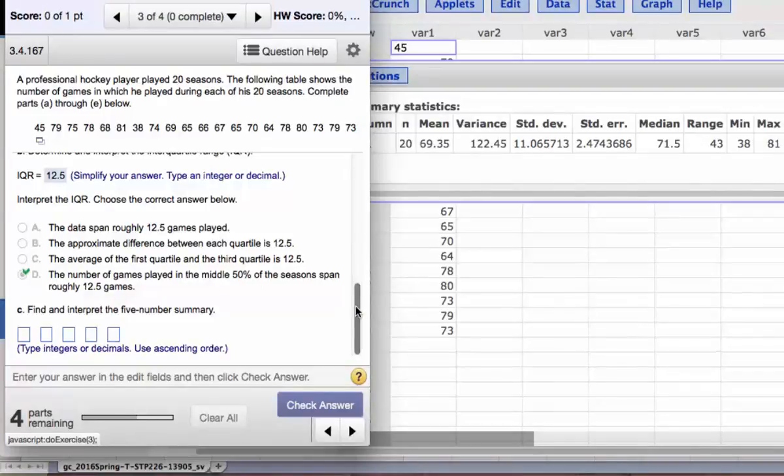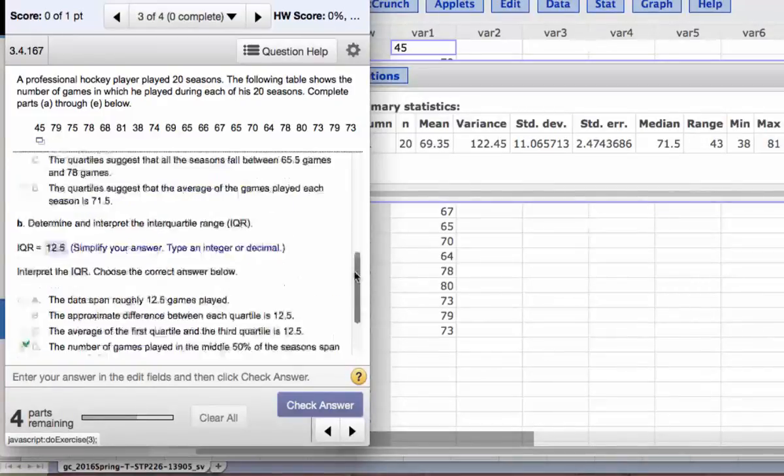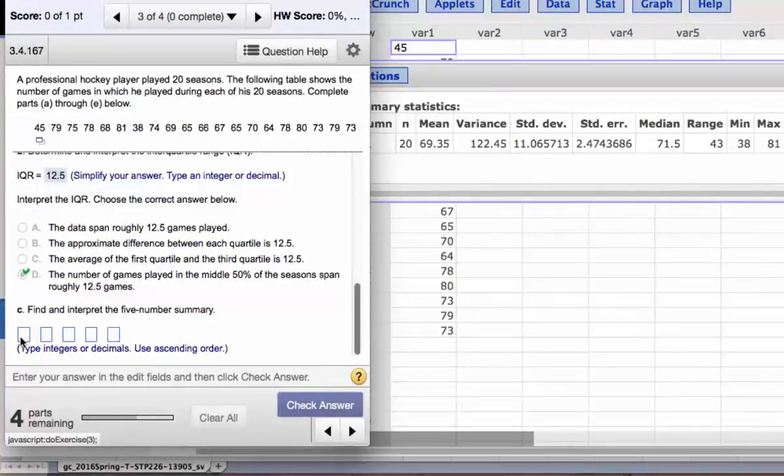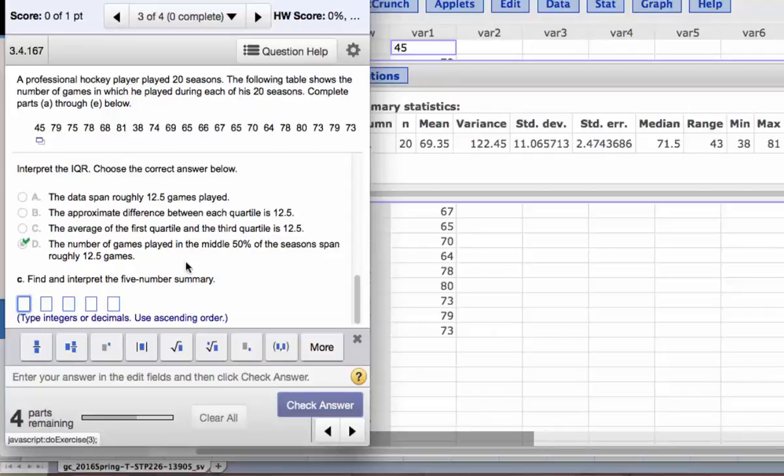Five-number summary. Now those are all, that's min, Q1, Q2, Q3, max. So we need to find the min. What is the min? I think you are correct. Let's see a lower one on that. And this was 65.5, if I remember.